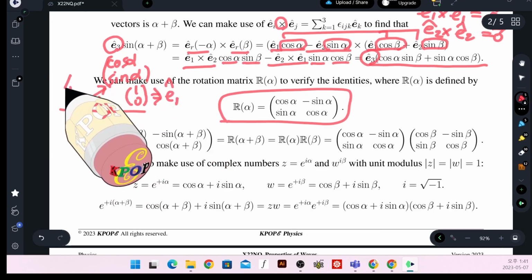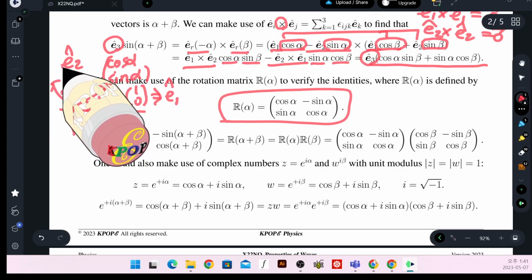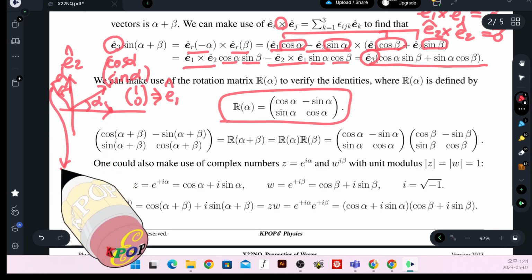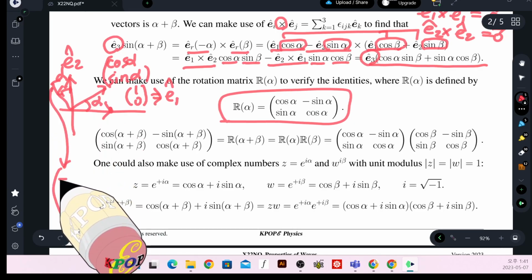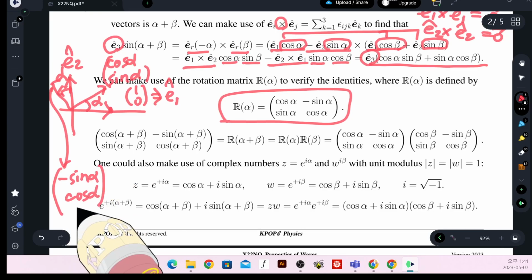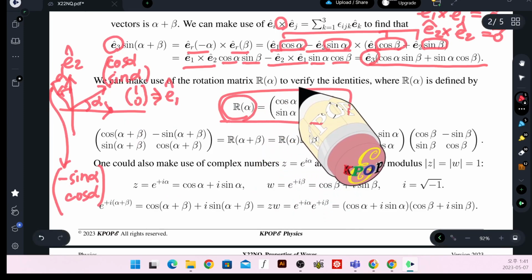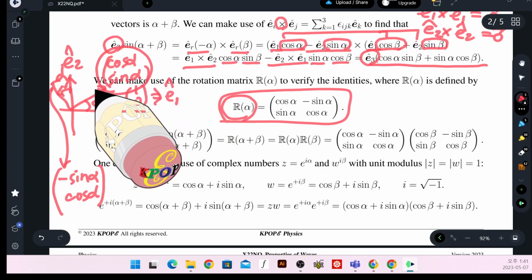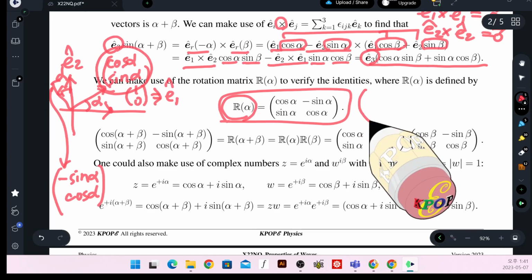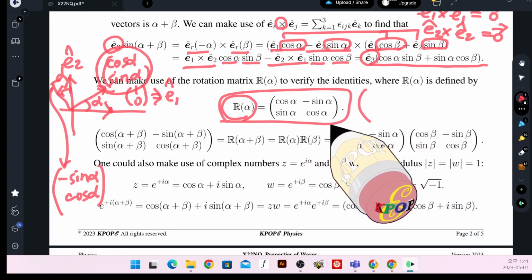If you rotate a unit vector along the y-axis by an angle of alpha counterclockwise, the resultant vector will be minus sine alpha, cosine alpha. Therefore, the rotation matrix's first column represents this, and the second column can be obtained by multiplying (0, 1) is this.